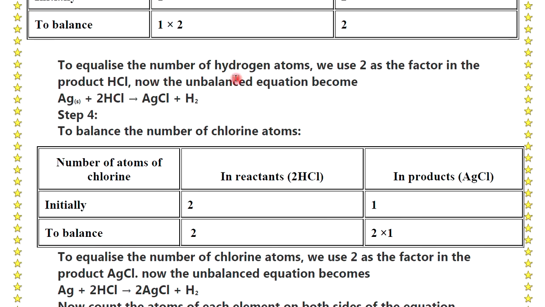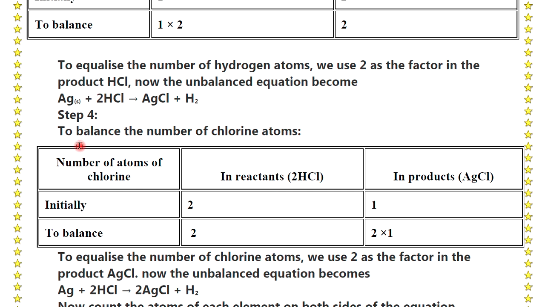To equalize the number of hydrogen atoms, we use 2 as the factor of HCl in the reactant. Now the equation becomes Ag plus 2HCl gives AgCl plus H2.